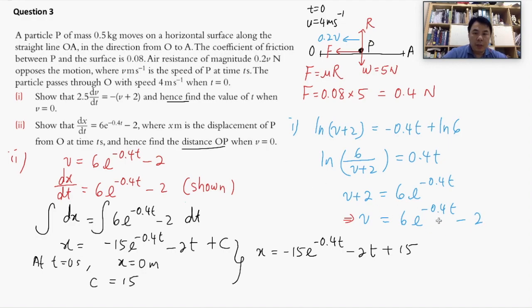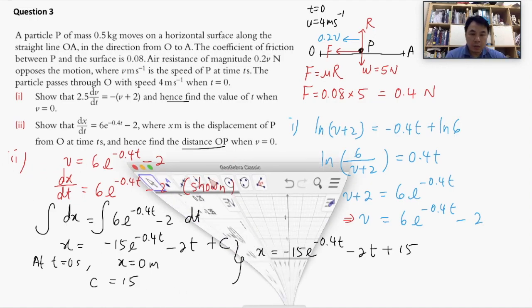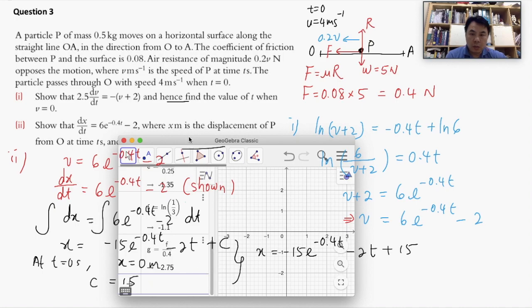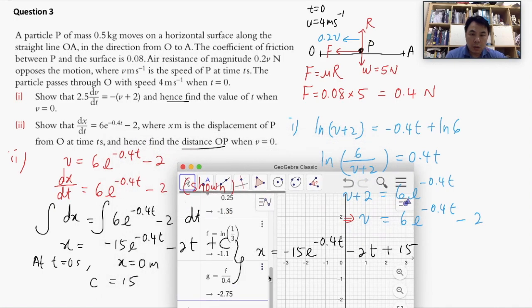Now when v is equal to 0, we found that the time taken for v to be equal to 0 is, just let me refer again, is it 7.38? Sorry, it's 2.75.